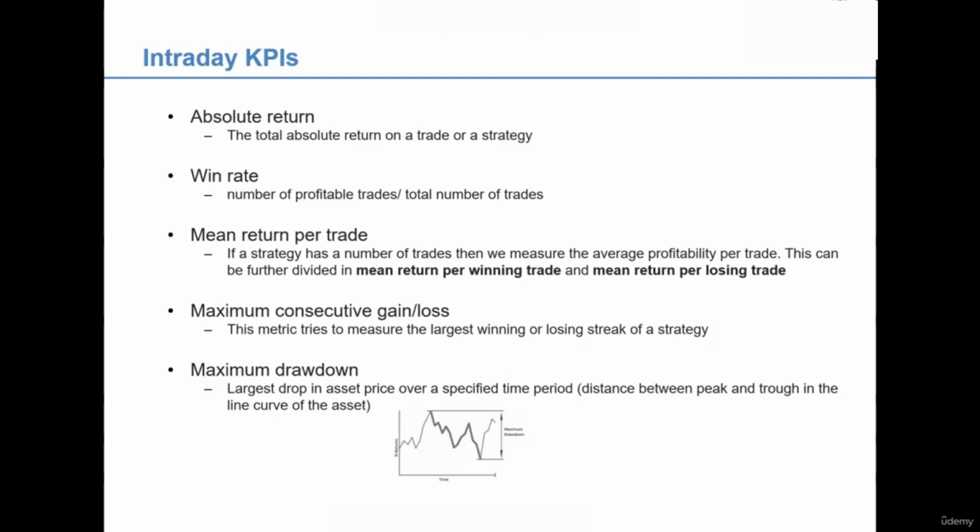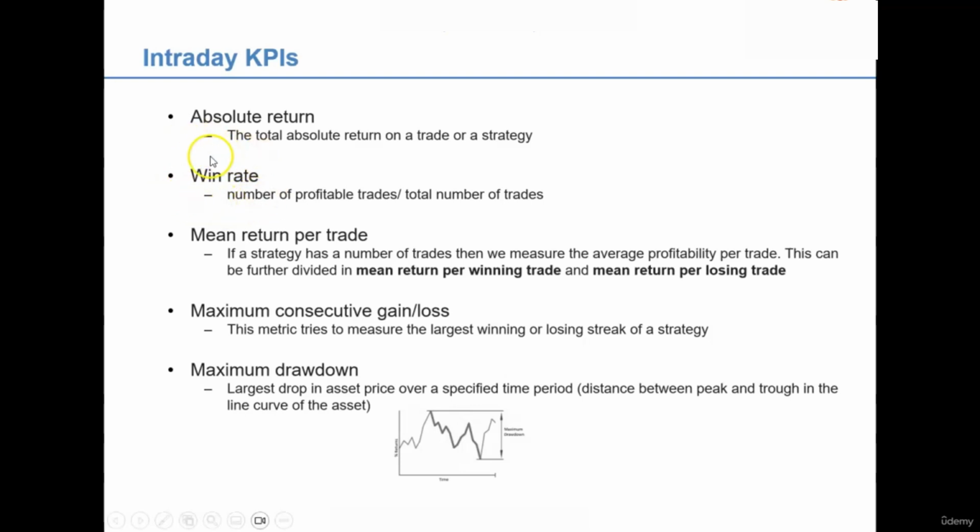That means the strategy return was 10% over that given period. In Forex trading parlance, for absolute return, we use pips. So you can say that the strategy returned 100 pips or 200 pips or whatever. Forex traders talk in terms of pips when they're talking about absolute return. So we'll also be using the same when we are implementing our absolute return function.